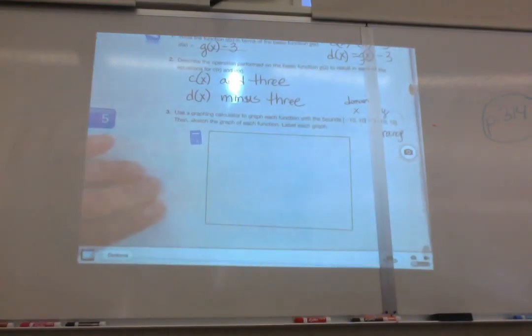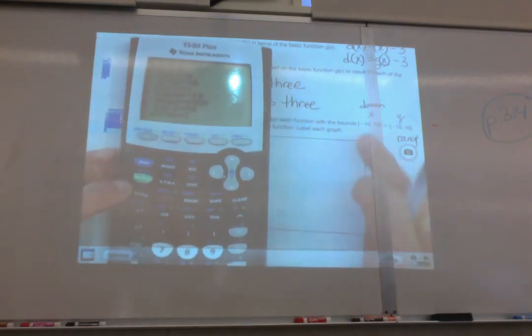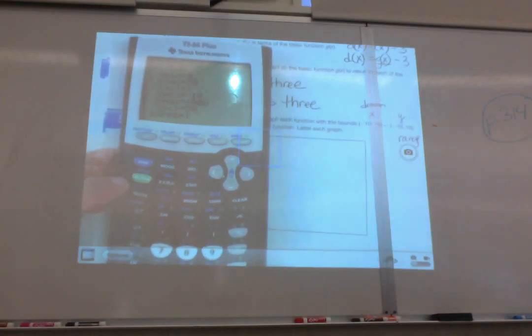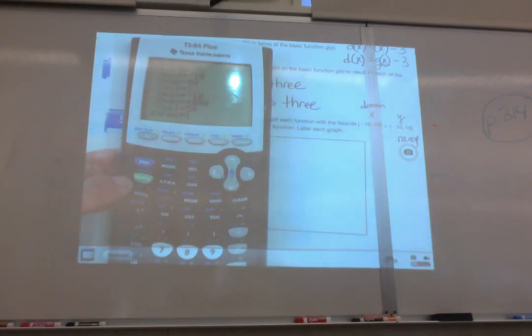We're given that. I'm going to start with the window. X min, they say to use negative 10. X max, they say to use positive 10. We'll leave it at scale 1. Y min minus 10. Y max positive 10.